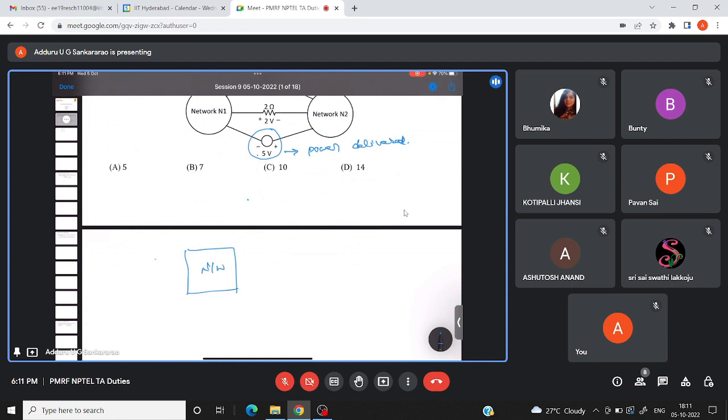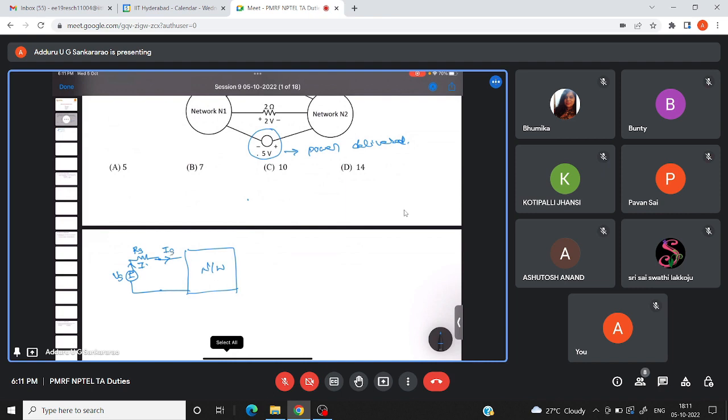And let us say we have connected some source here, some voltage source, and this is the internal resistance of the voltage source. Now the network is drawing some current is from the voltage source, which is entering into the network.